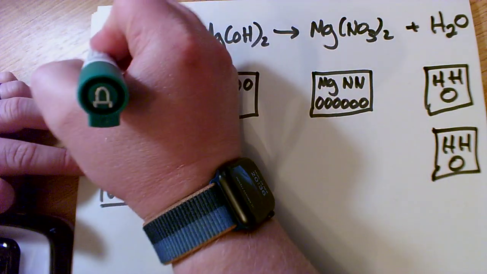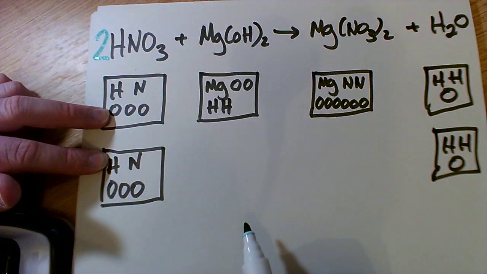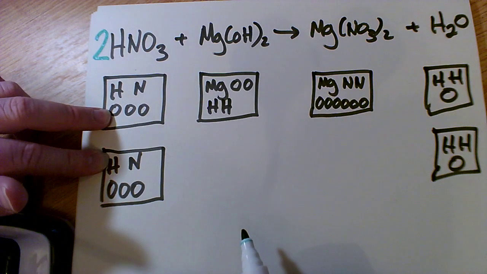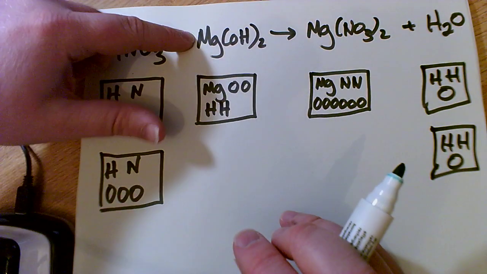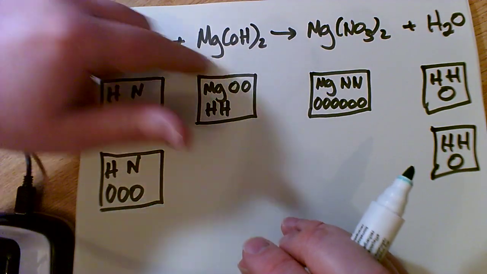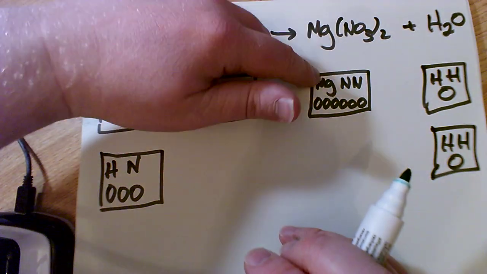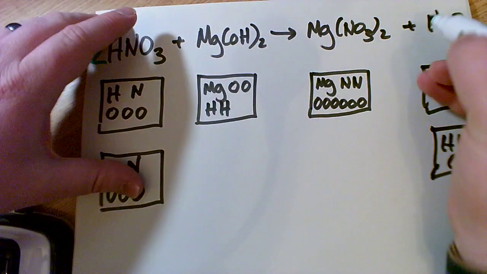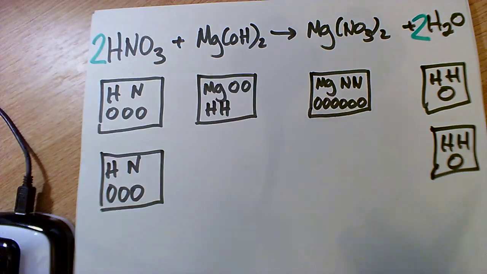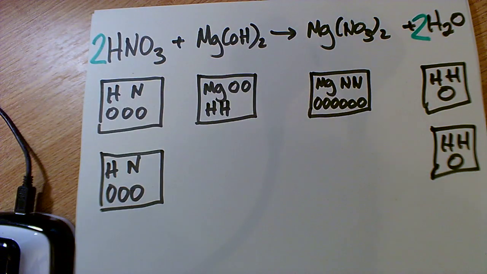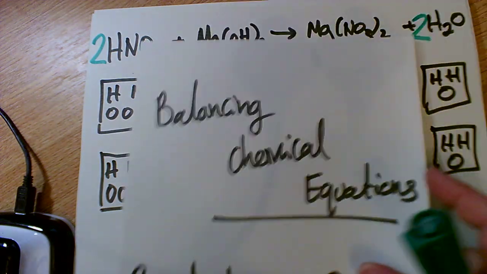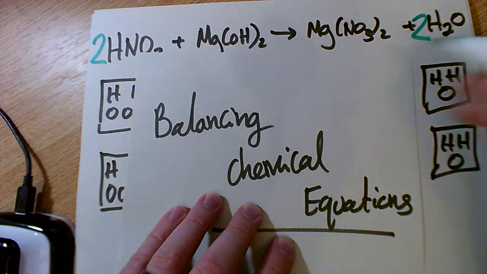I've got 2 of those boxes. If we don't show the ones in chemistry, and I've got 2 here like that. And that is how I teach balancing chemical equations.